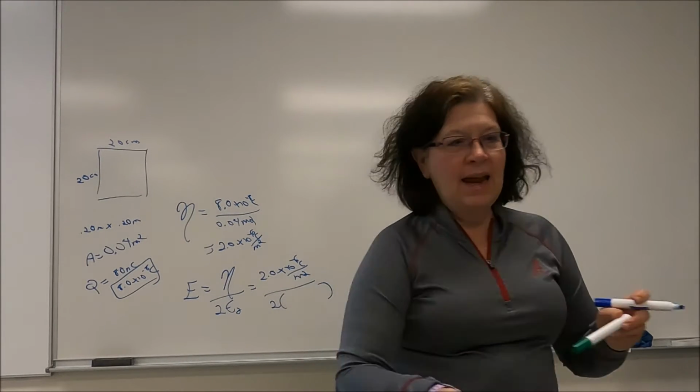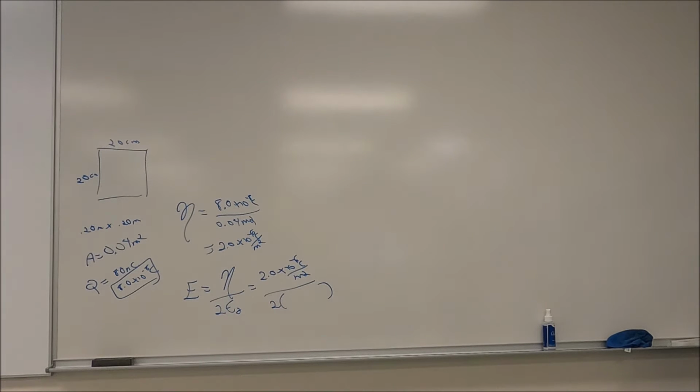Epsilon 0 is one of those numbers that I don't have memorized. But if we flip to the back of the book, the value should be here. Let's see, it must be in front of the book. Yeah, the value is given to us.